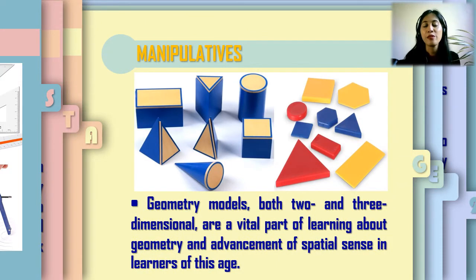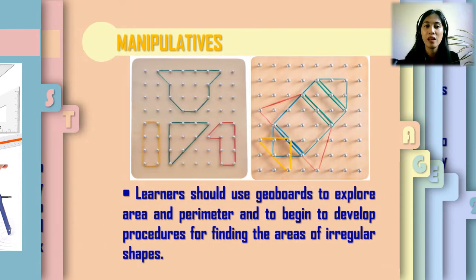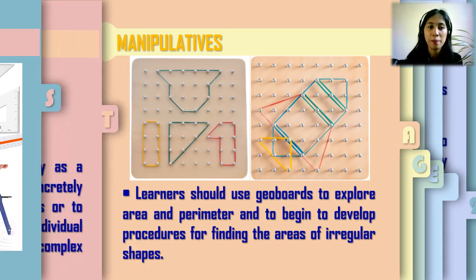Now, another one for geometry, models, both 2 and 3-dimensional, are a vital part of learning about geometry and advancement of spatial sense in learners of this age. We could also have GEO boards, so learners could explore area and perimeter and begin to develop procedures for finding the areas of irregular shapes.